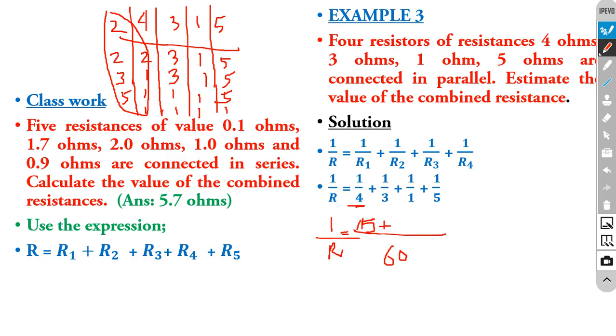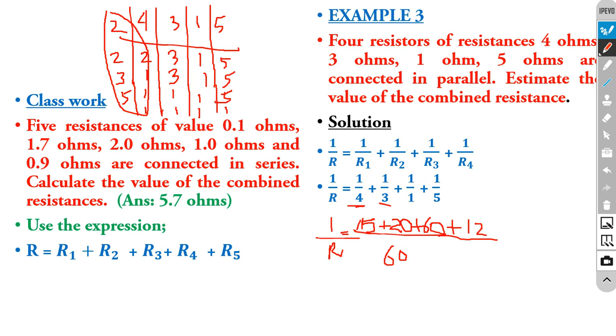Then the next one is 3 here. So 60 divided by 3 is 20. 20 times 1, this numerator here, 20 times this one here, you still have 20 plus 60 divided by 1 is 60. 60 times 1 is 60 plus 60 divided by 5 is 12, and 12 times 1 is 12.